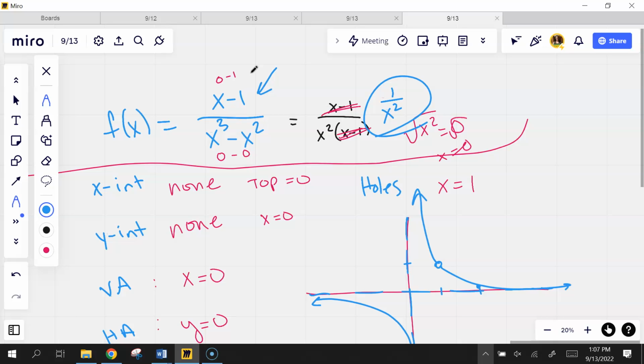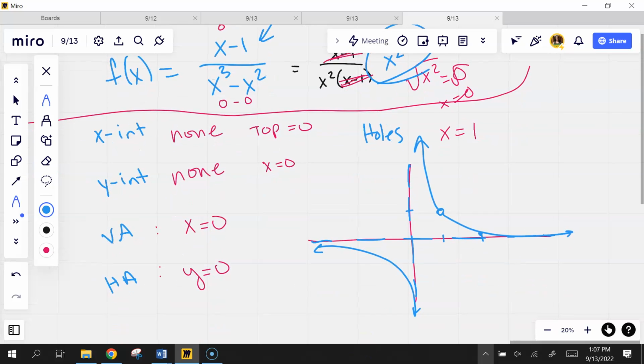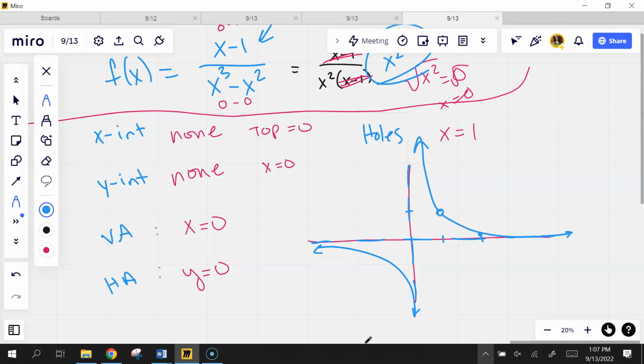I just plugged in a couple values. If it's 1 over x squared, then if I plug in 2, I would get a 4th. If I plugged in -2, I would get -1/4. So these are doing the same thing on either side. And I just had to know to put the hole there. Pick some values. Generally, at least 2 points on either side of every vertical asymptote will give you enough.